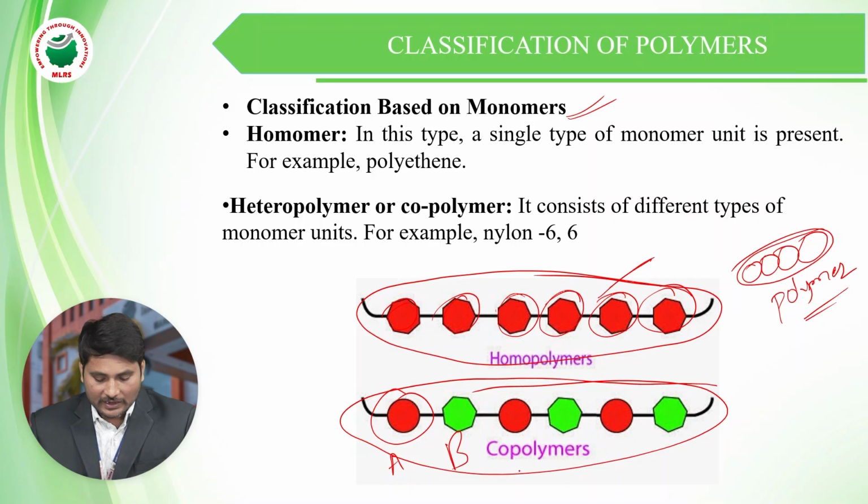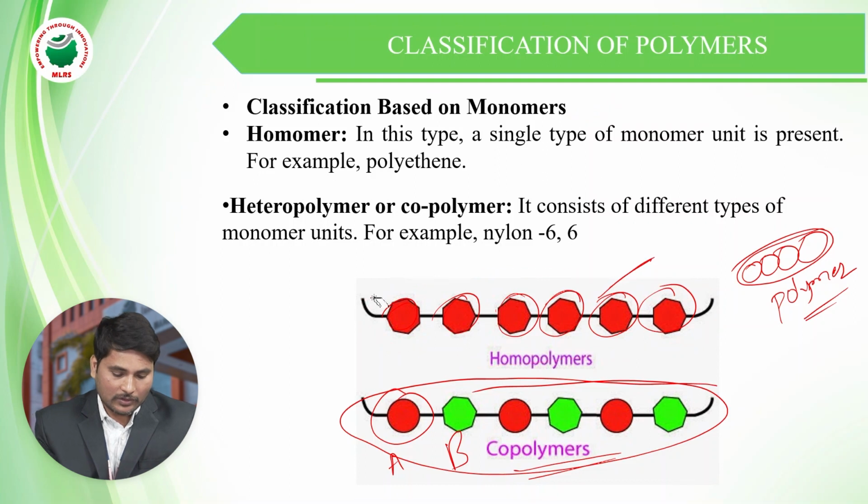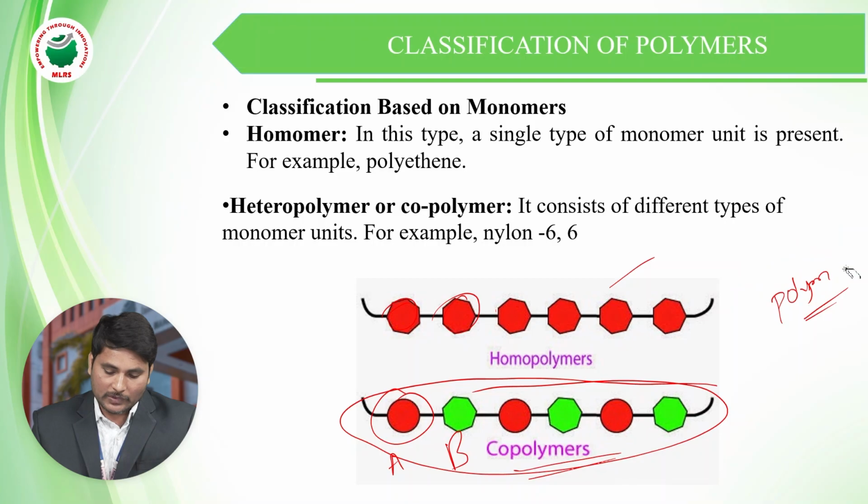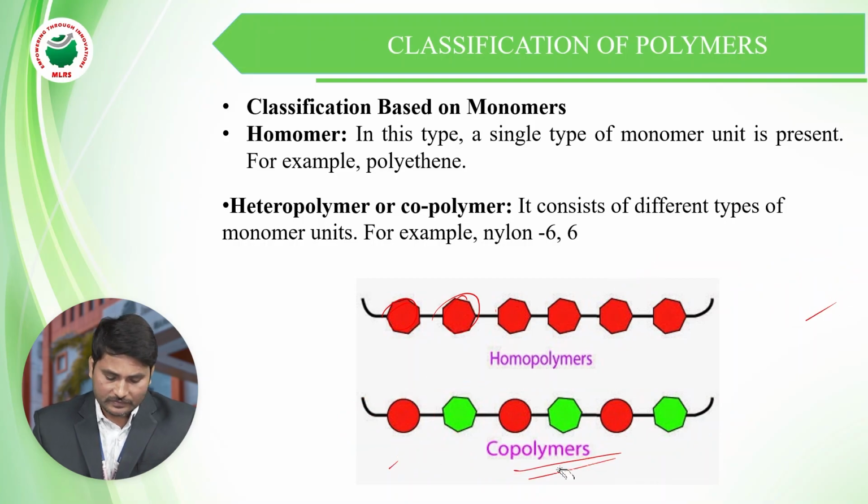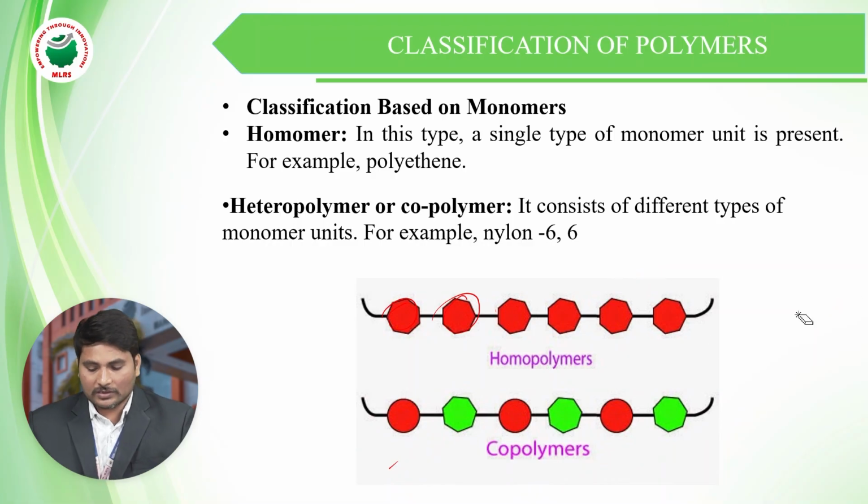By that we get the copolymer. These are the two types of polymers we have based on their monomer structure. These are the two types of monomer classification we have seen.